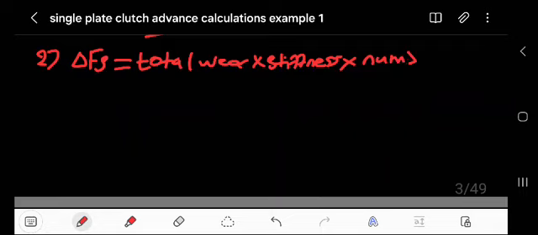You see, I wrote it in full so that you'll know this number of springs.